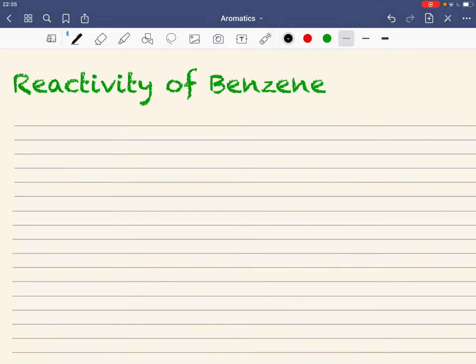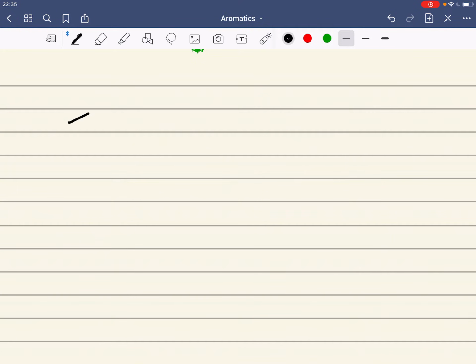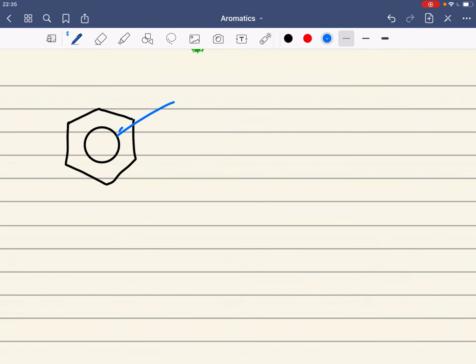Here we're going to have a look at the reactivity of benzene. And remember that benzene has got the following structure. And because of the delocalized electrons above and below the plane of the ring, we say we've got a region of high electron density above and below the plane of the ring.